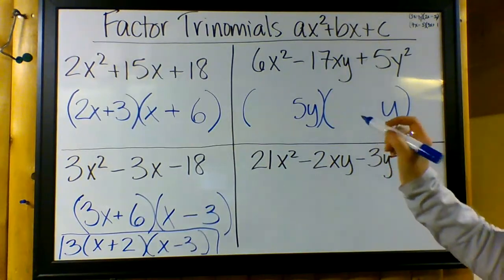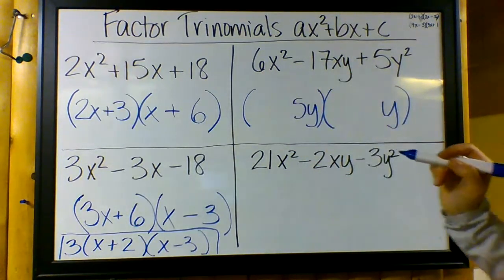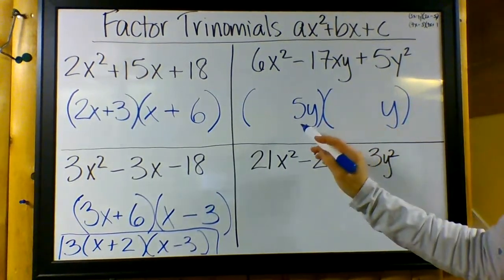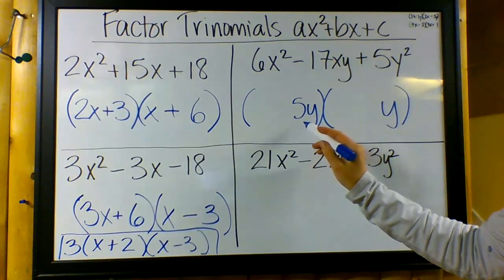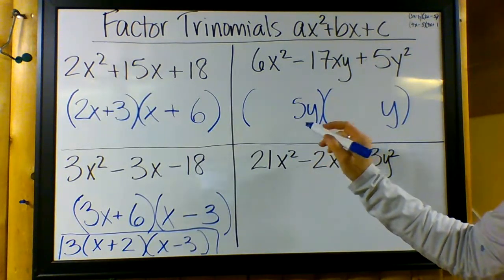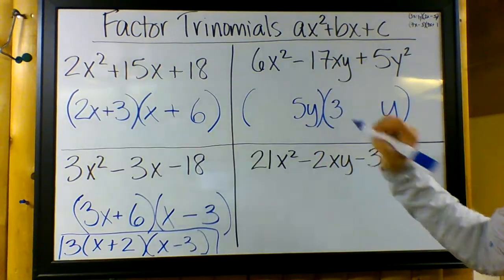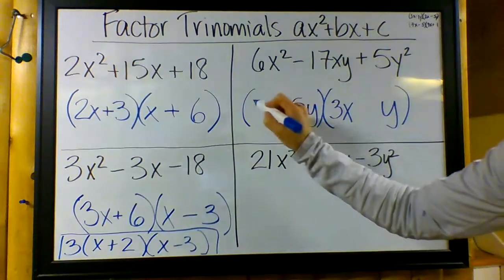So let's see here. I need factors of 6 that are going to give me negative 17 in the middle. I'm thinking that I probably need to multiply 5 by 3, which gives me 15.